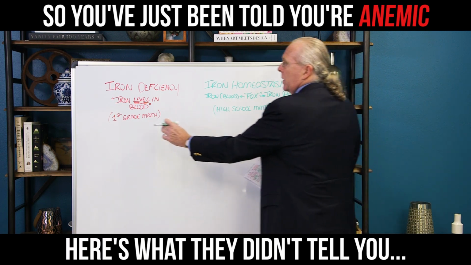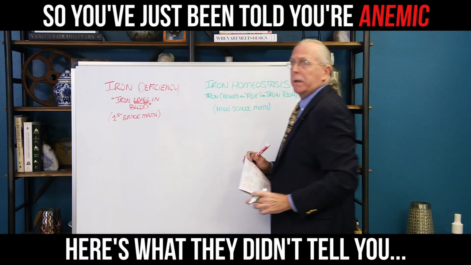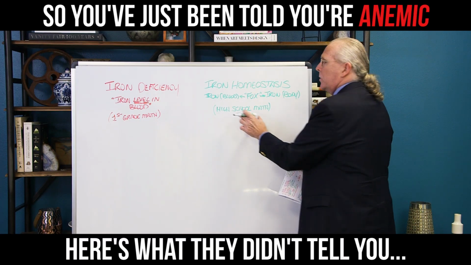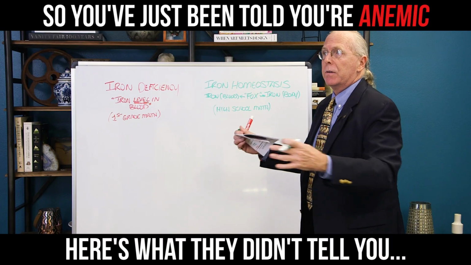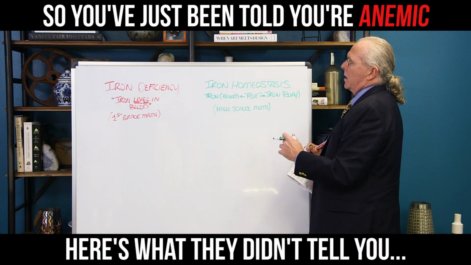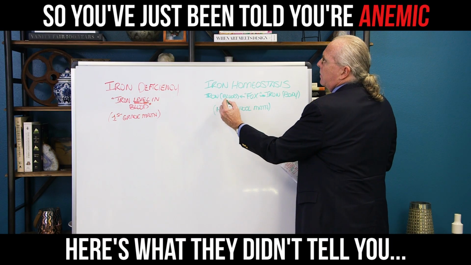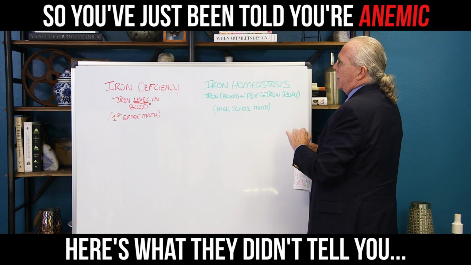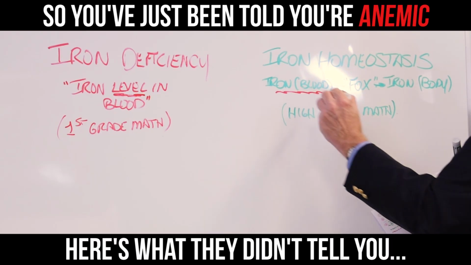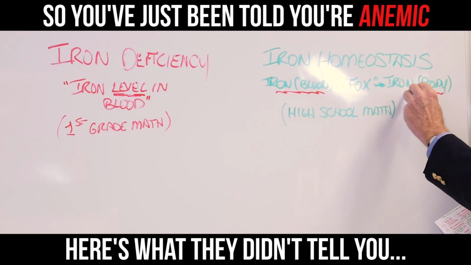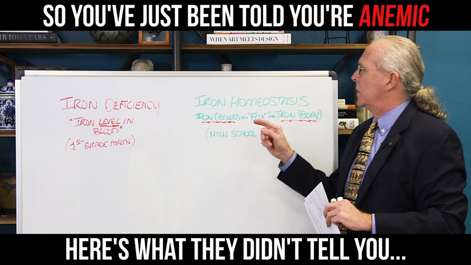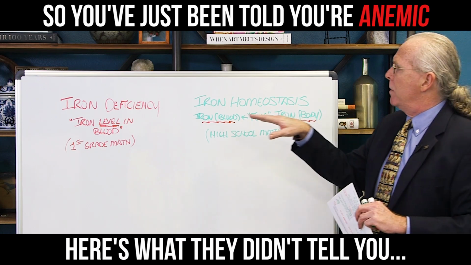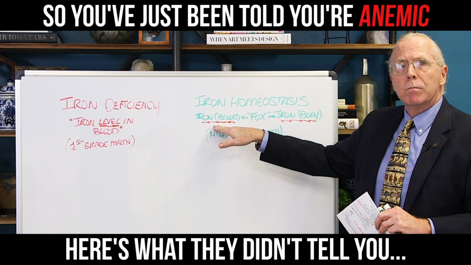And so instead of simple 1 + 1 = 2, what we're getting into is, if we've got this formula for a specific event, we know that there's a key relationship between iron in the blood versus iron in the body. And this is what's very important for people to understand, is that all of the metrics in medicine are focused on blood iron.